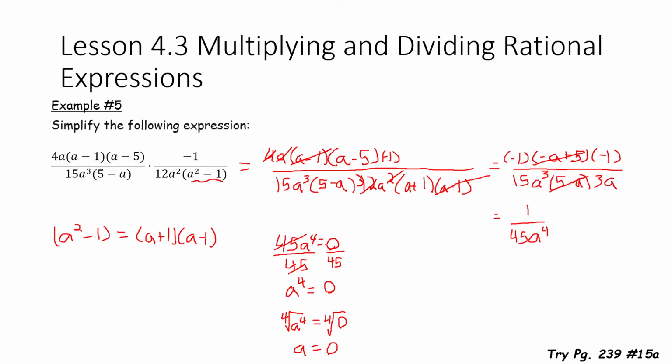So in order to get 45a to the fourth to be 0, a has to be 0. So our non-permissible value is if a were to equal 0. We cannot have a equaling 0, or that will make our whole value divided by 0, and that is no good.